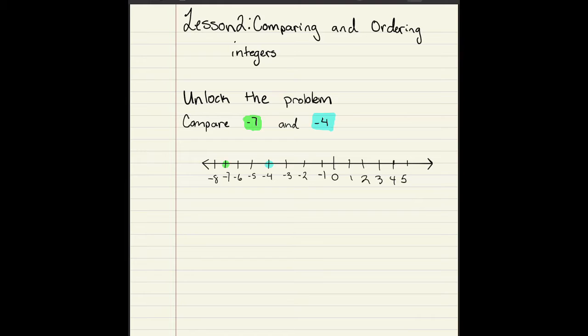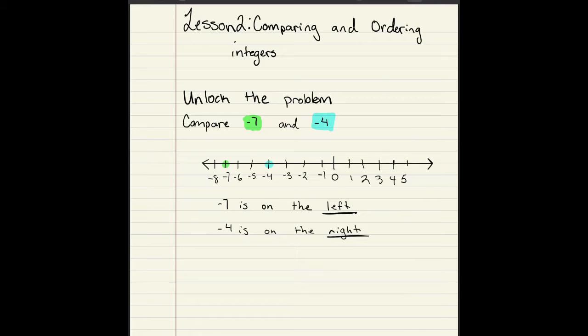Now when I compare these, -7 is on the left, so that means it's the smaller one. And -4 is on the right.